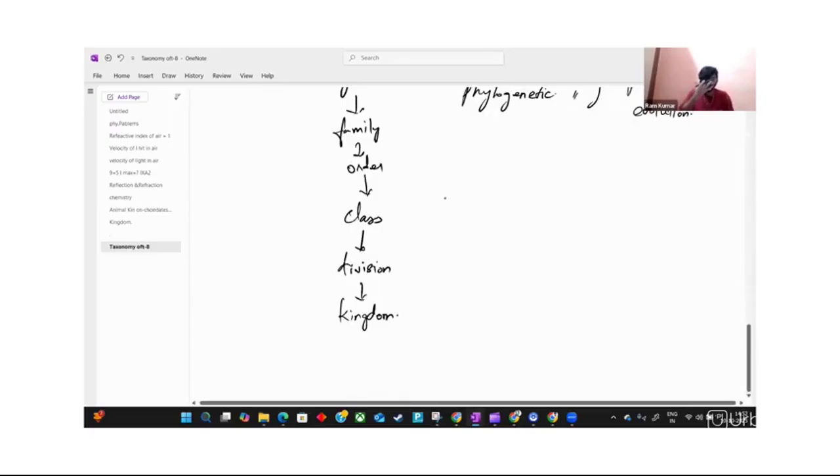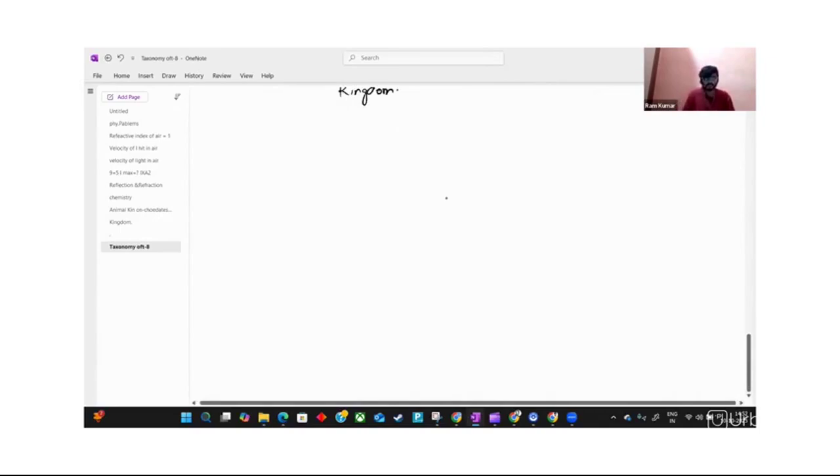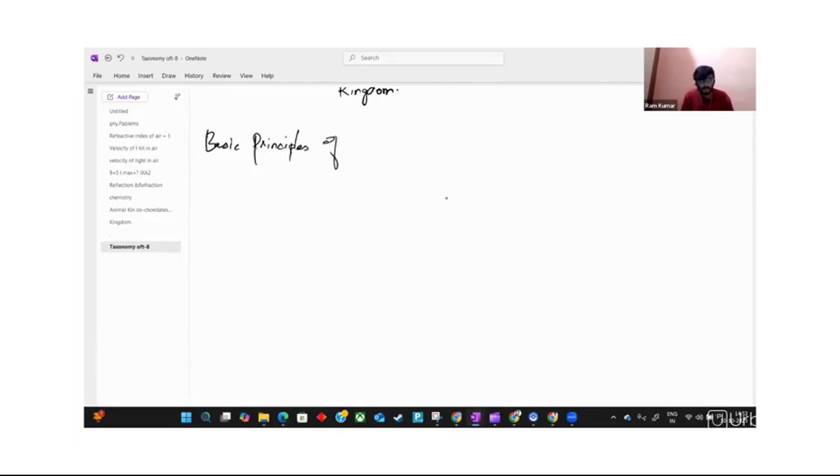Then the basic principles of nomenclature. Nomenclature was formed to classify and name organisms.